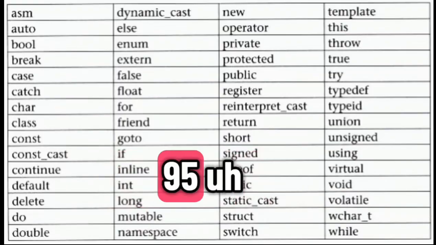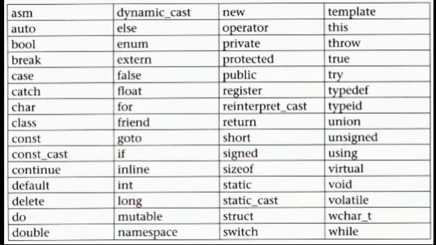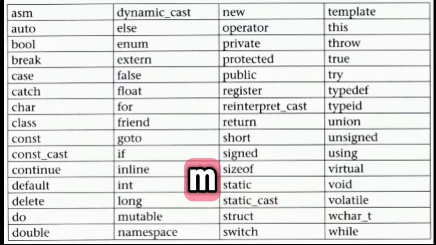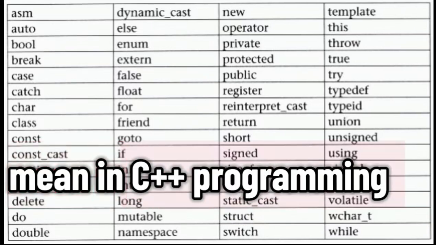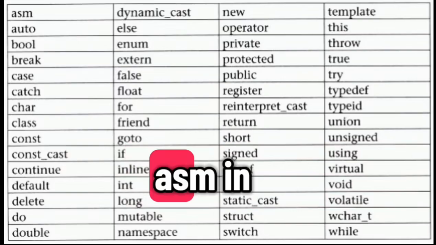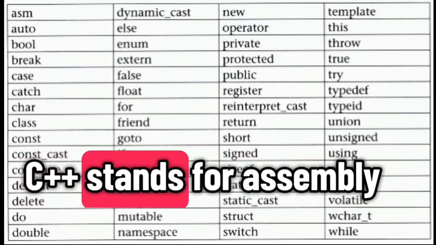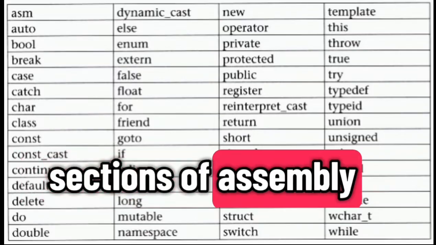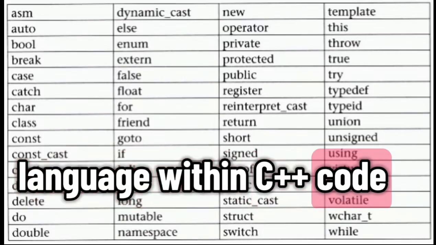Okay, you said 95. Do you know about asm? What does it mean in C++ programming? Asm in C++ stands for assembly and is used to include small sections of assembly language within C++ code.